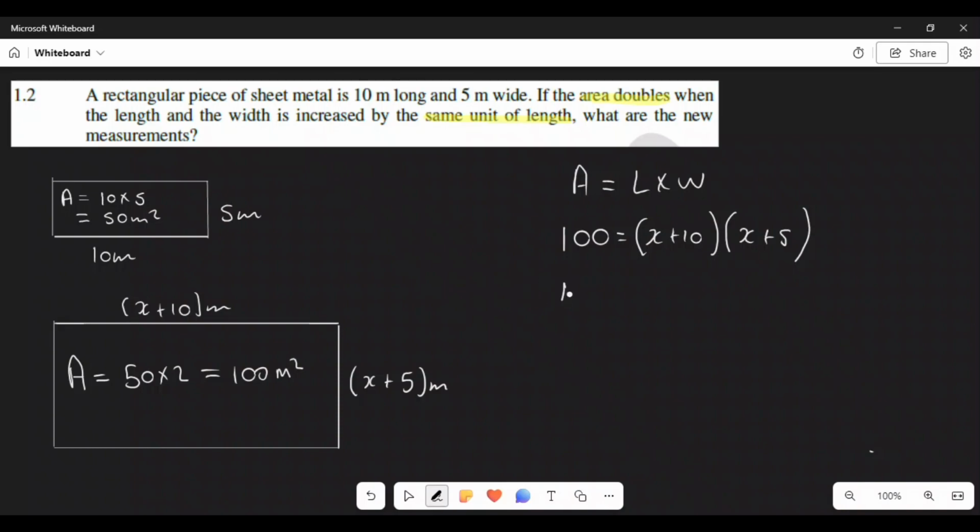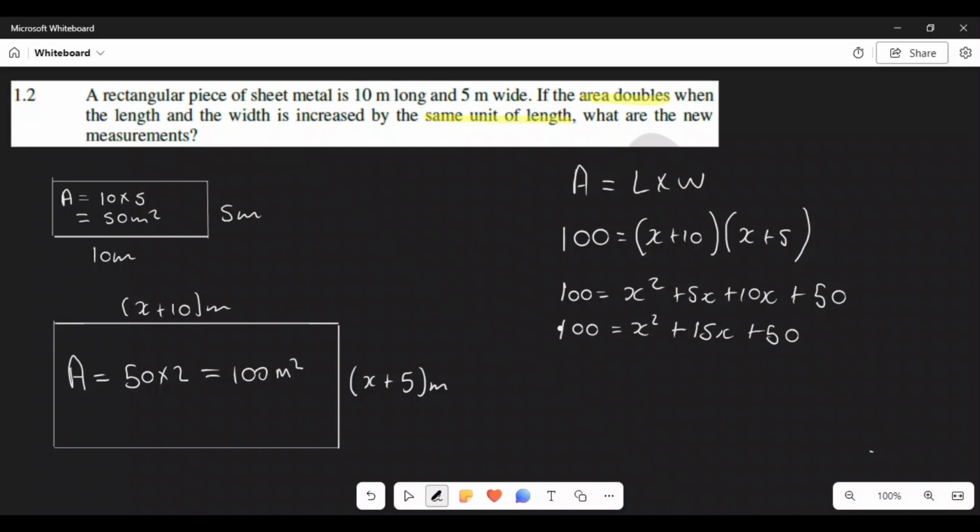So we have 100, right? x multiplied by x gives x squared, and then x multiplied by 5 gives plus 5x, x multiplied by 10 gives plus 10x, and 10 multiplied by 5 gives 50. So from here we continue: we write x squared plus, these are like terms, so 5 plus 10 is going to be 15x, plus 50. Very simple.